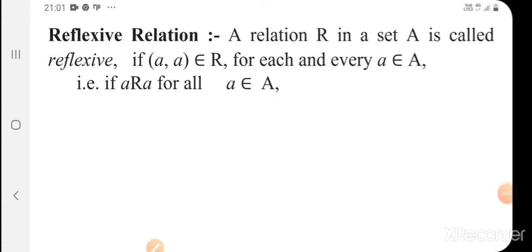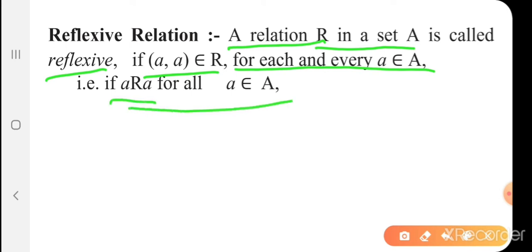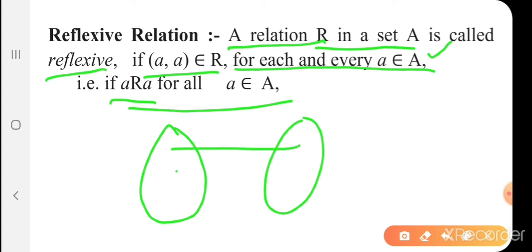Next we discuss the reflexive relation. A relation R in same set A is called reflexive if A is related with A for each and every element of A, that is, A related to A for all A. So you take any element of the set A and that element is related with itself only.